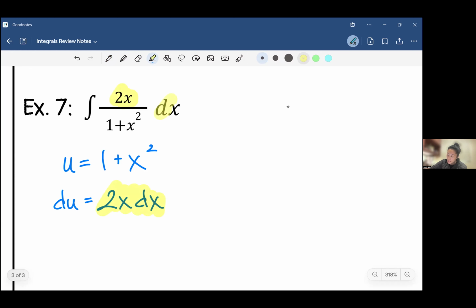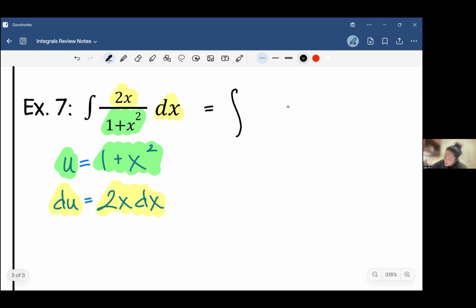And that 2x dx, I can replace with du. And everywhere I see a 1 plus x squared, I can replace that with u. All right, so everything's taken care of. I've substituted everything. Now I have just an integral with u's.